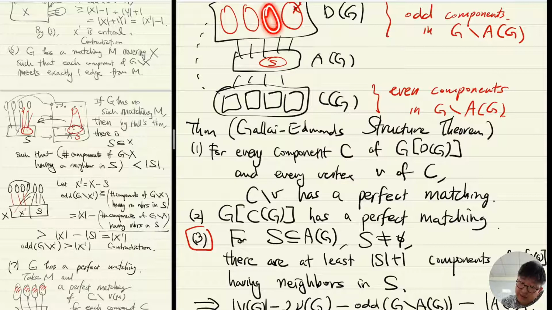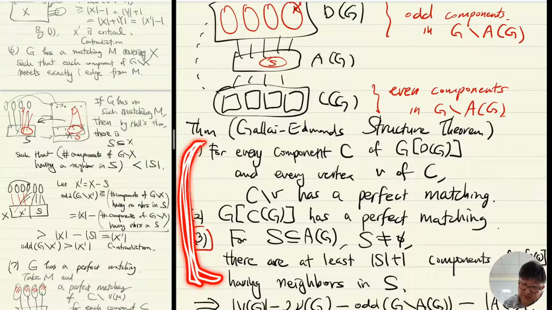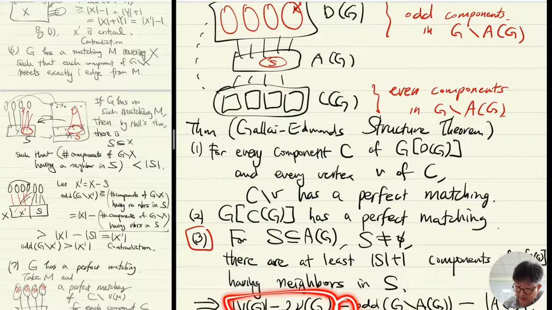If I don't have any edge joined with A, then I pick any vertex and the remaining I can cover. So the number of vertices that are not covered by my maximum matching is precisely the number of components minus the size of A. So the number of components minus the size of A is precisely the number of vertices not covered by the matching built from these three steps. So that gives you equality. And once you have equality, then that means this is new.